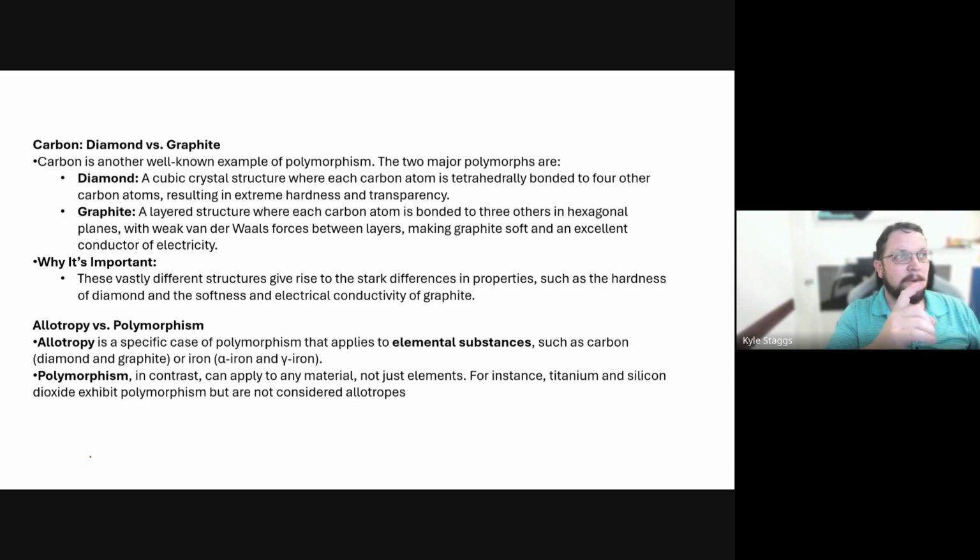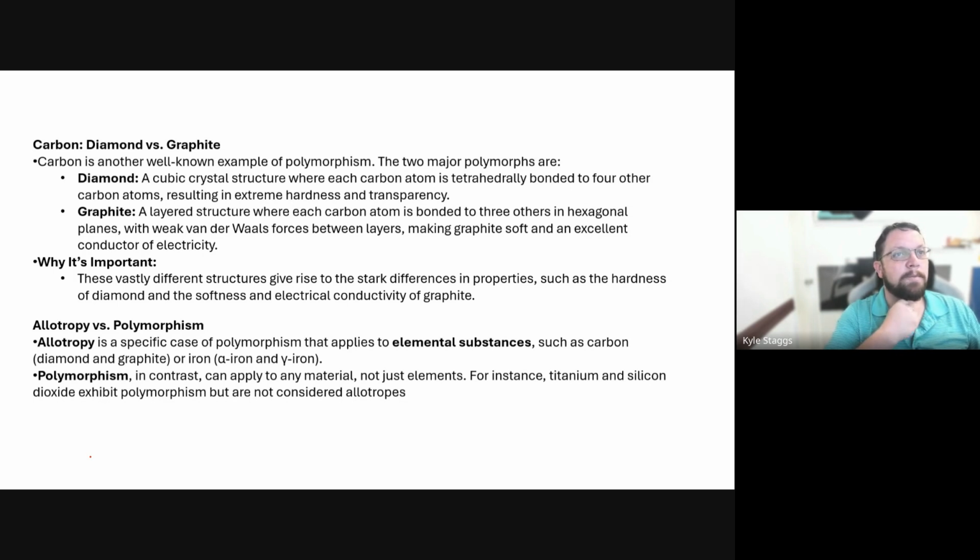The allotropy versus polymorphism, this is another one that I want to make sure you guys understand. Allotropy is a very specific case of a polymorphism, such as something like carbon or iron. It's a very unique case. We're going to look at some more definitional aspects here in just a second.